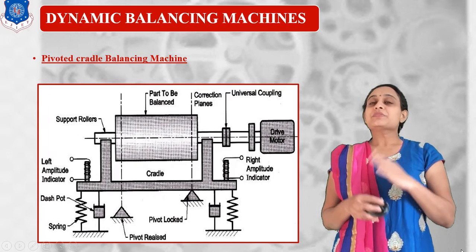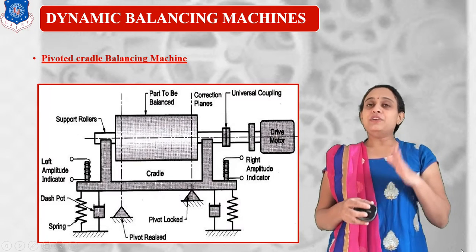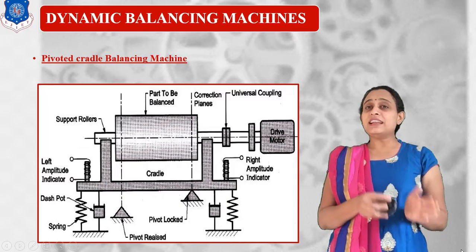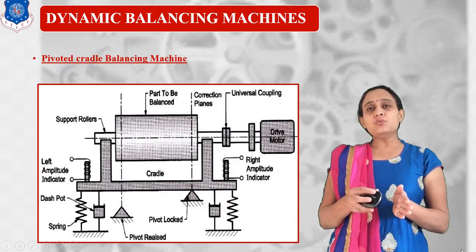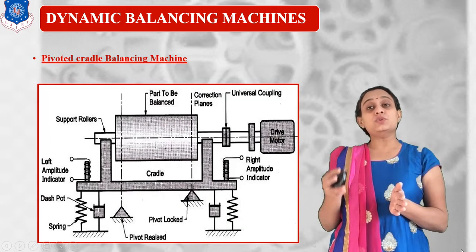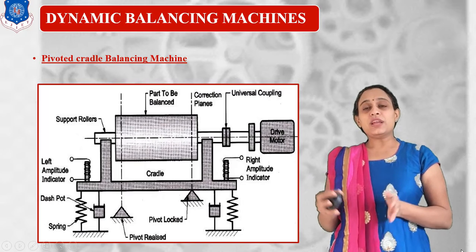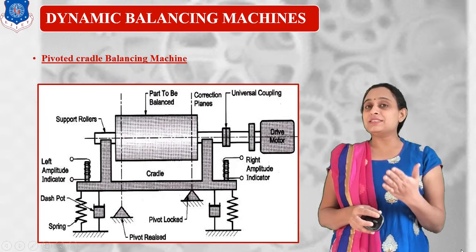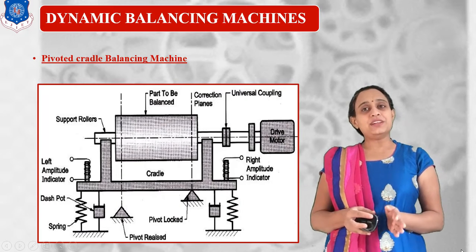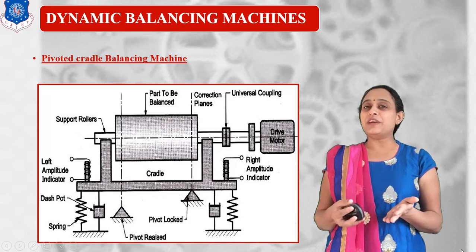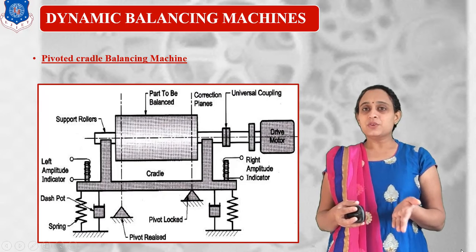Then after that we have to lock the left hand side pivot, and by locking it, we move our right hand side pivot and we get different values at different points. All of that is measured in the right side amplitude indicator, which will also give us the amplitude value, meaning the displacement value, right?